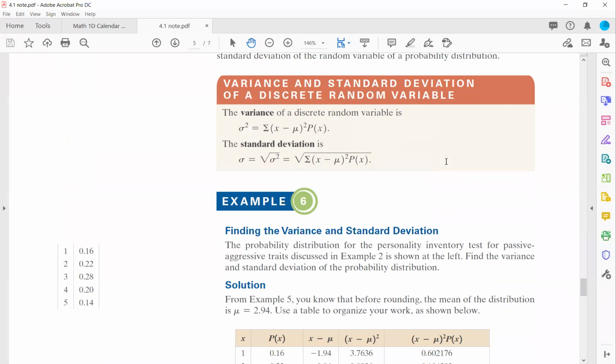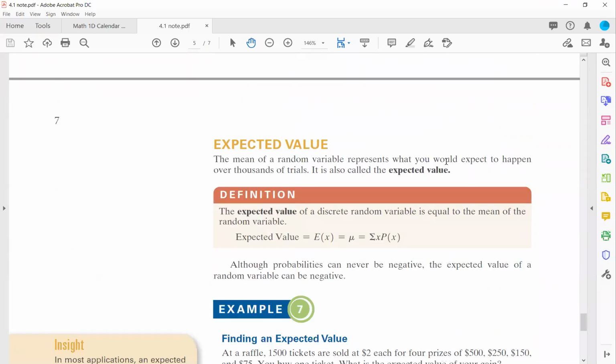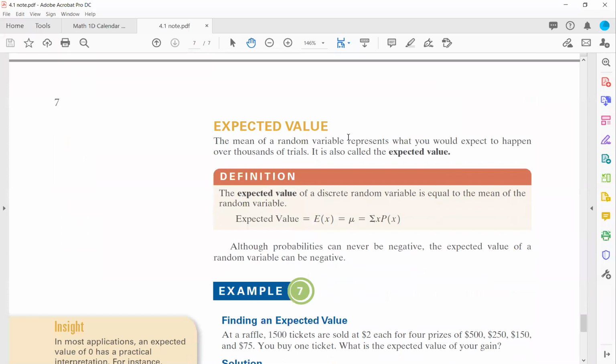So we talked about the mean and standard deviation for a discrete variable. Note that a continuous variable has a different probability distribution function. We're going to talk about it next week. The last topic is expected value. If you have a discrete random variable, the mean of the random variable represents what you expect to have happen over 1,000 of trials.